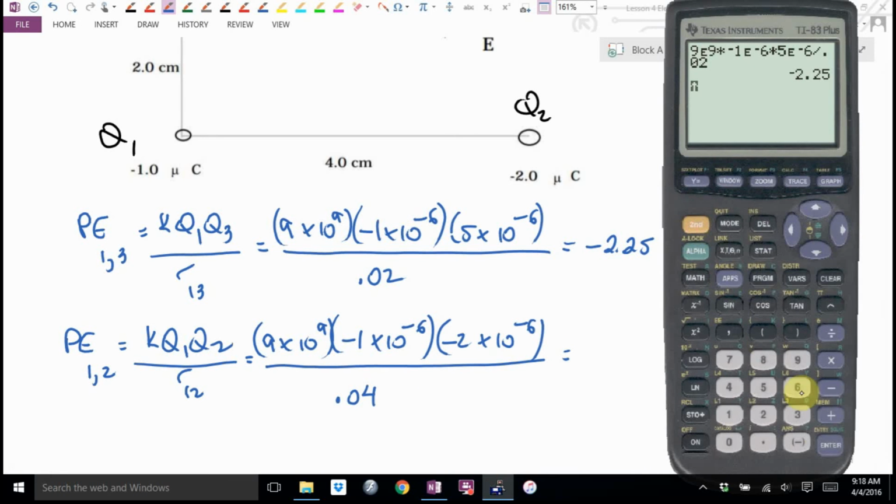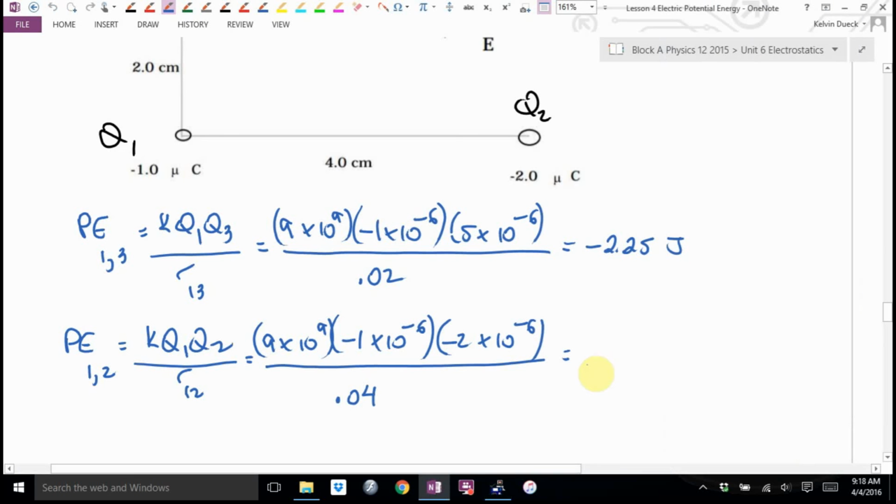I think I can backspace and just edit some of this. Insert a negative, a 2 goes there, 0.04 goes there. Positive 0.45?